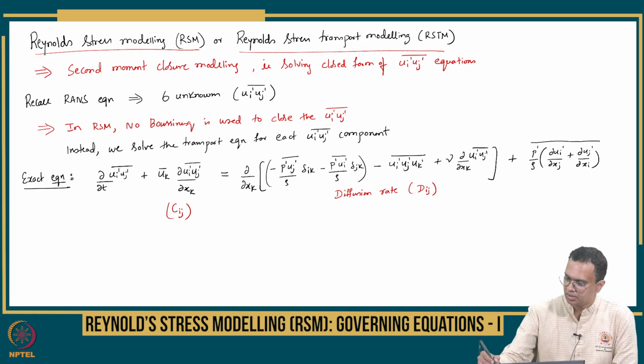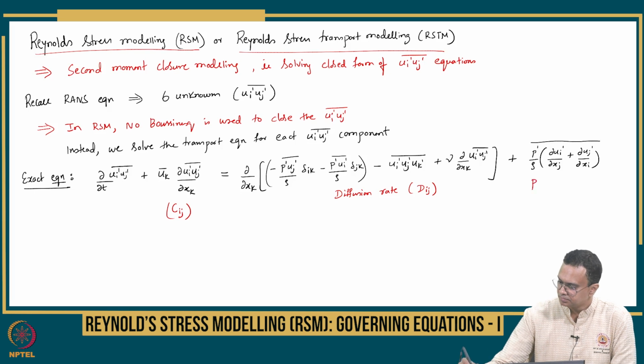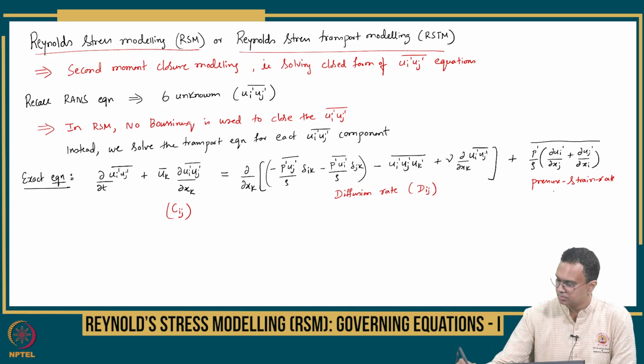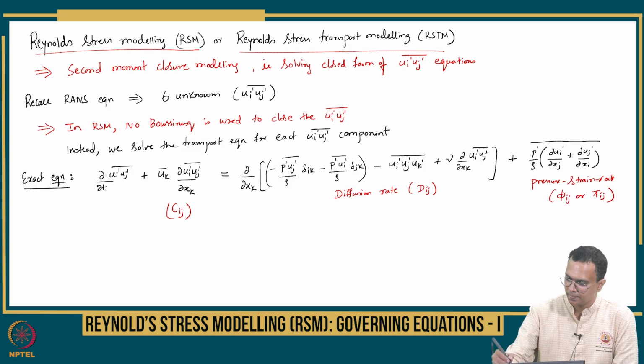The pressure strain rate. What did we use as the symbol here? Is it phi ij? Okay, you can use this, or sometimes this is also used in the literature symbolically.